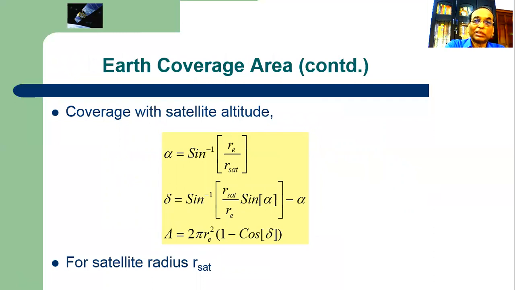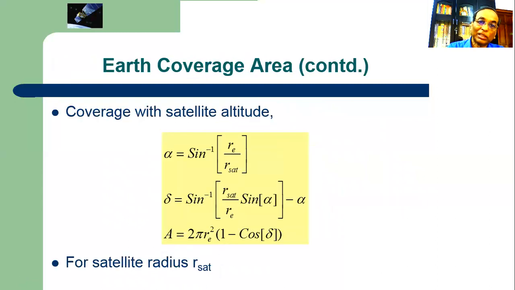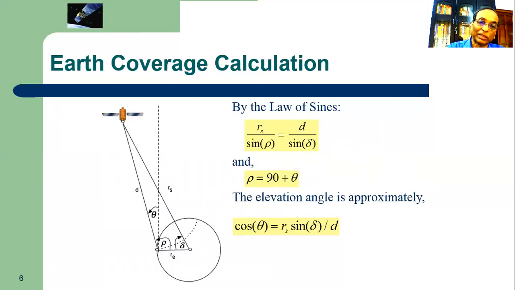Average satellite altitude, that is this previous figure. Here is the alpha, delta, RE, RSat, RS, and RE is the radius of the Earth.